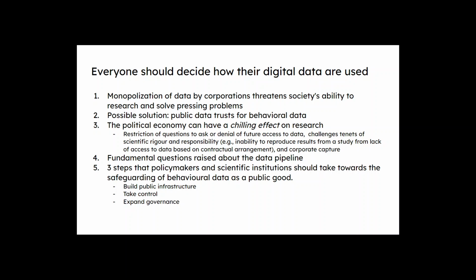regarding how corporations collect data. And then moving on to the fifth point, the authors mentioned three steps that policymakers and scientific institutions should take to safeguard behavioral data as a public good. They mentioned three: build public infrastructure, take control, and expand governance. So regarding building public infrastructure, really here it's just developing your own.